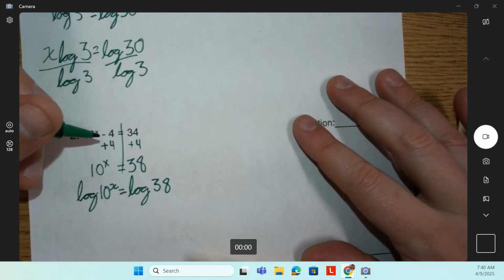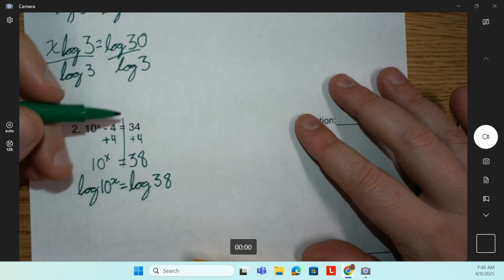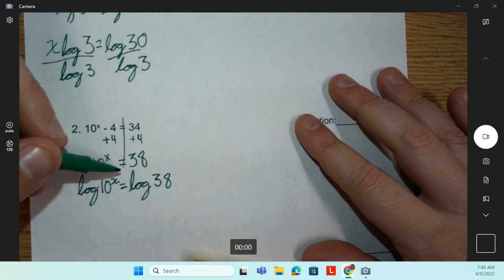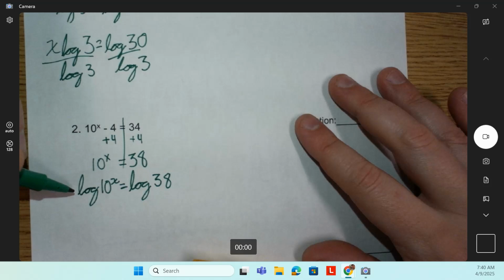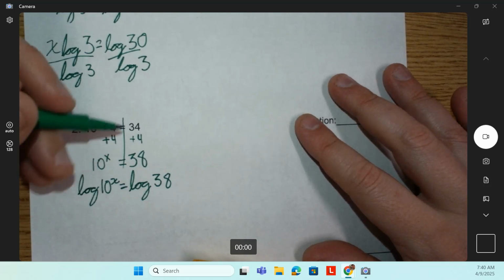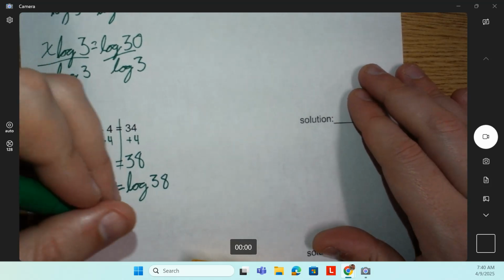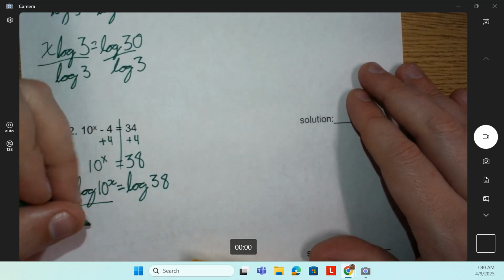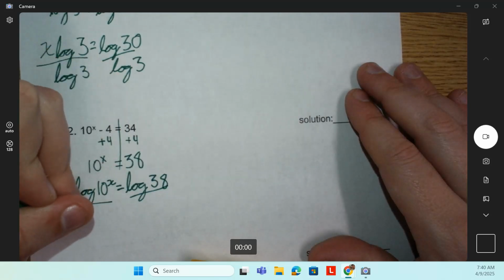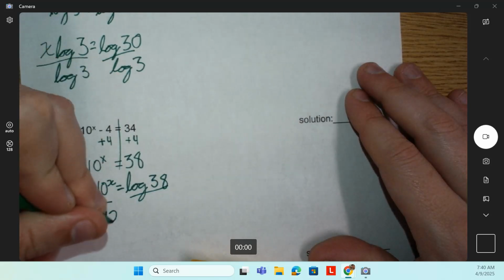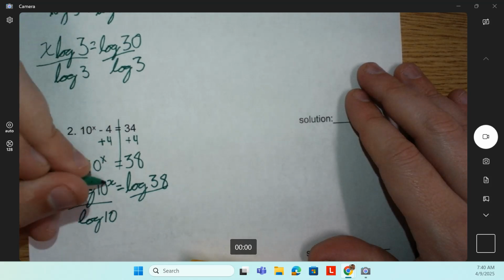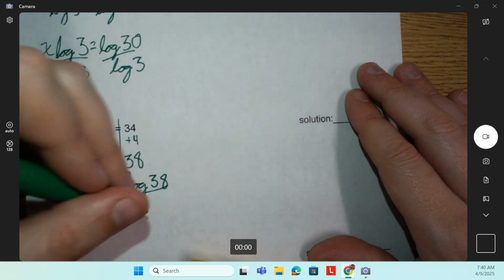To find that x, we're going to do log 38 over log 10, again just dividing. That x is going to move up front.